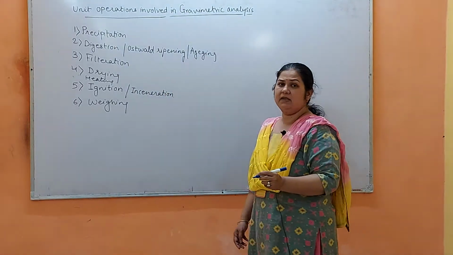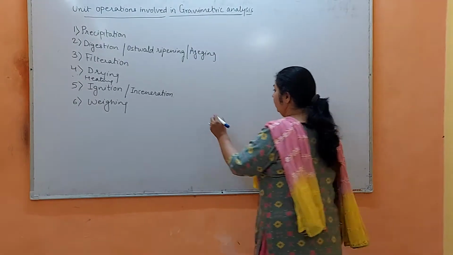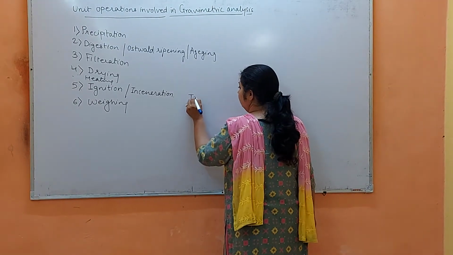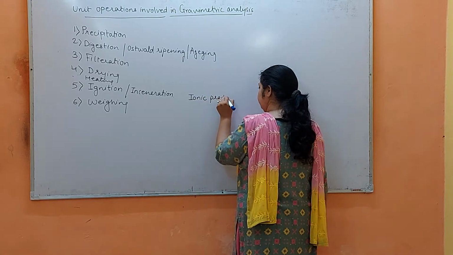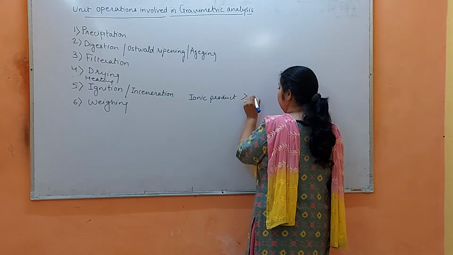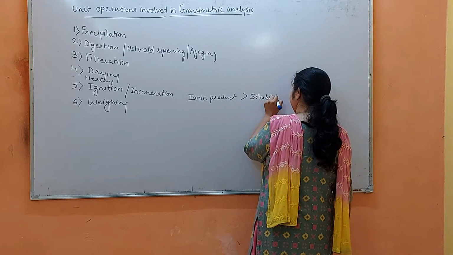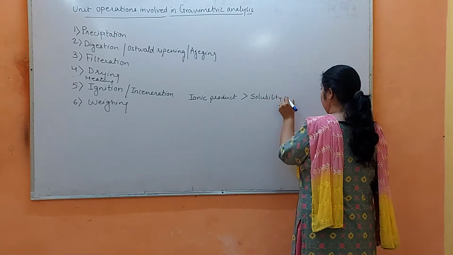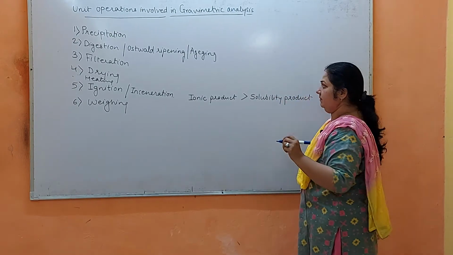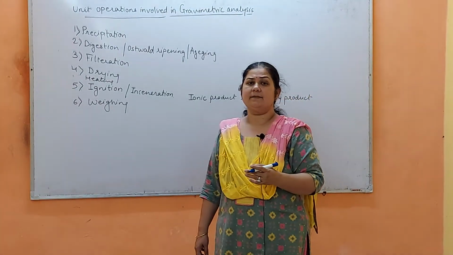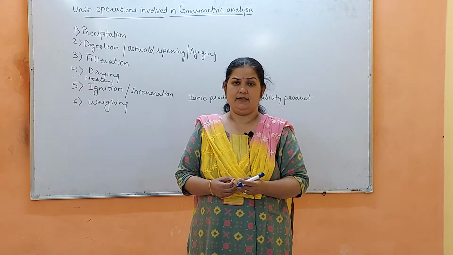Now see, the minimum condition for precipitation is that the ionic product of the solid should be greater than the solubility product. Now when the solid starts separating from the solution, it is in the form of small particles.